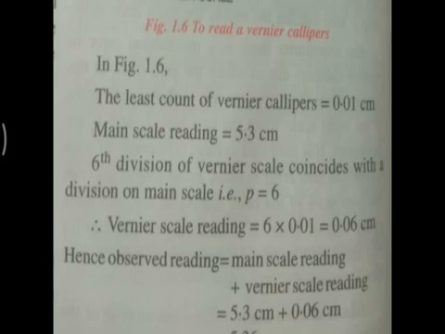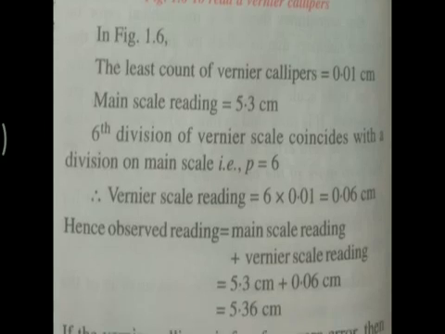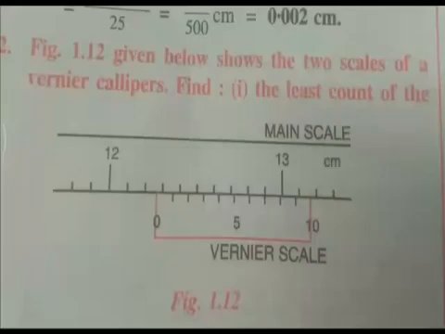So it will be 5.3 plus 0.06 and hence your result will be 5.36 if there is no error. If the error is there, for example, it is said the error is 0.002, then what you need to put? You need to put the value over there, observed length minus zero error, and you will get the true length. So in this way, you need to do the numericals based upon the vernier caliper.